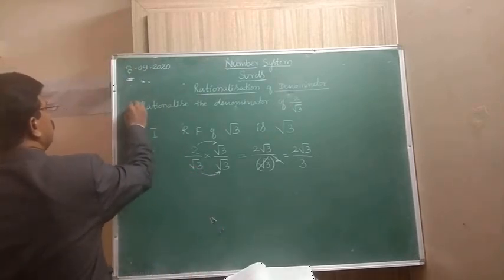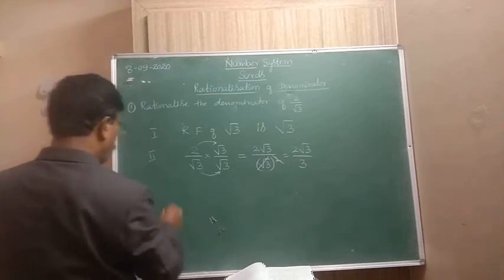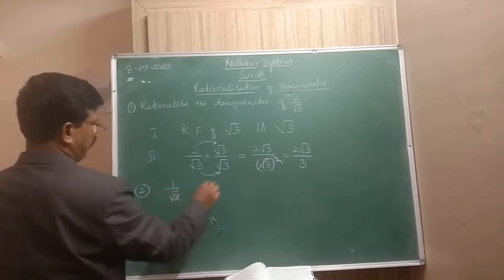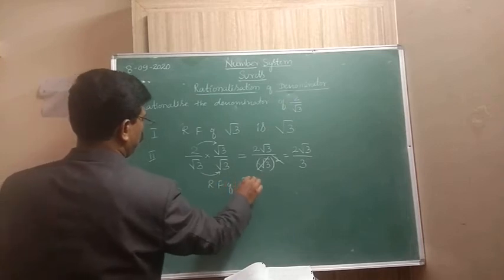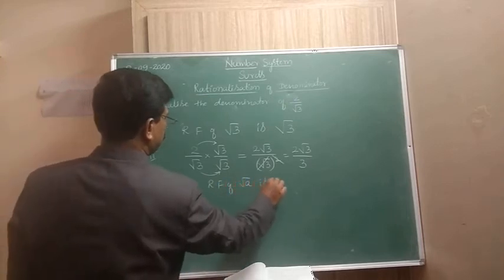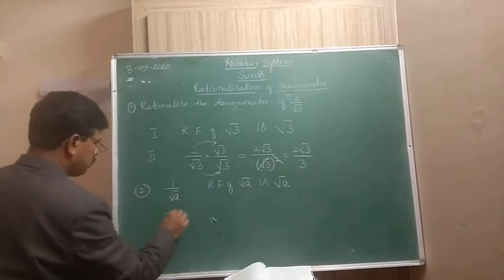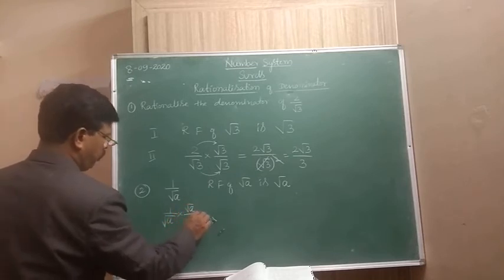First question. Second question, 1 by root a. Now the RF of root a is root a. Then after writing that, you just multiply 1 by root a into root a by root a.